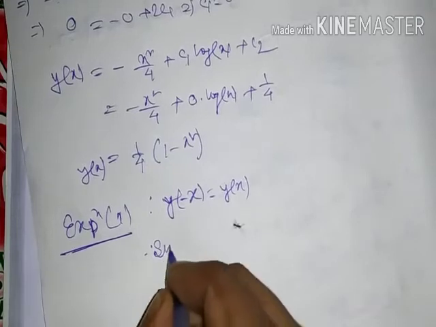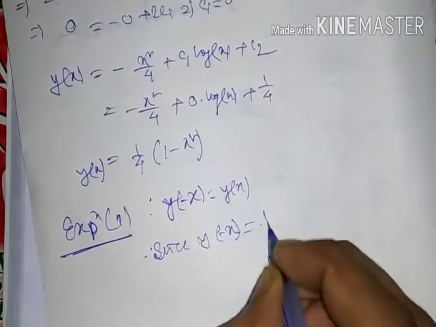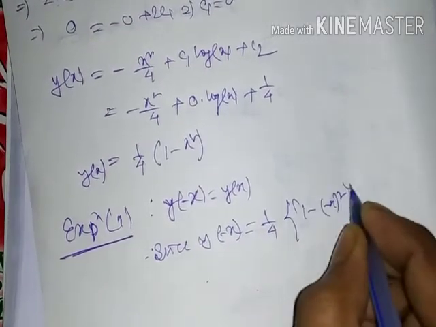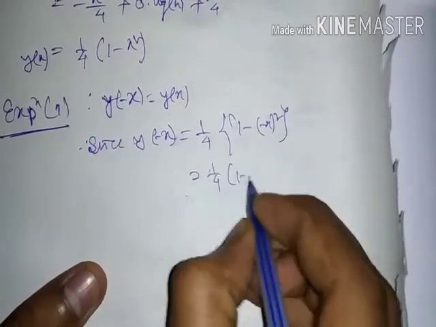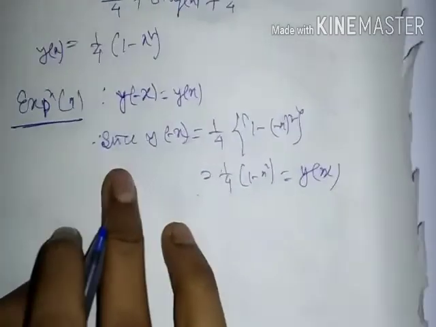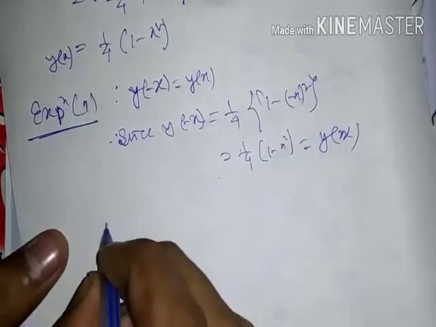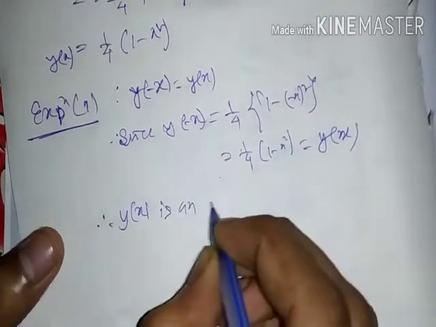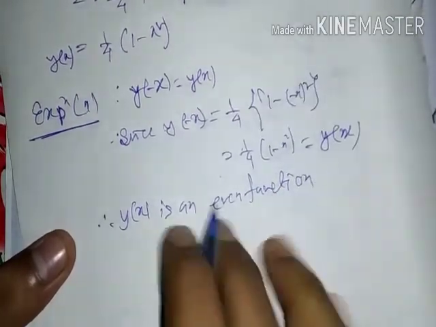Since y of minus x equal to 1 by 4 into 1 minus x square, this is also equal to y of x. So this shows that y(x) is an even function. So this option is correct.